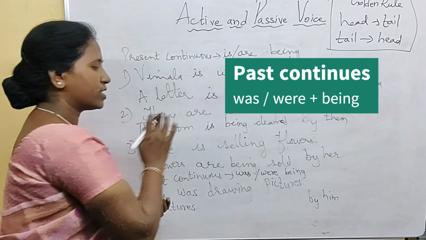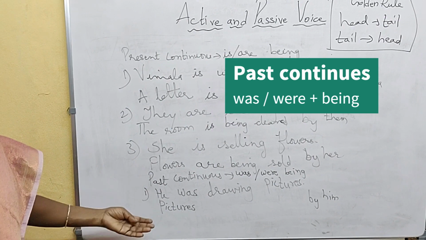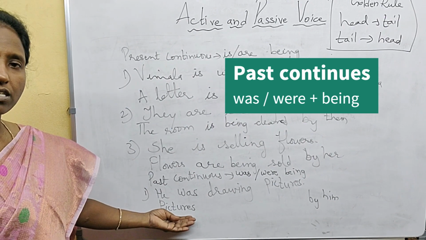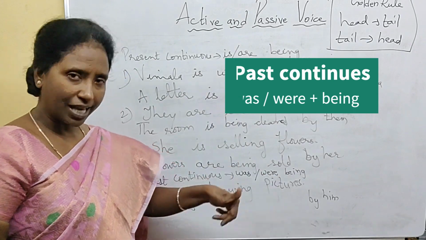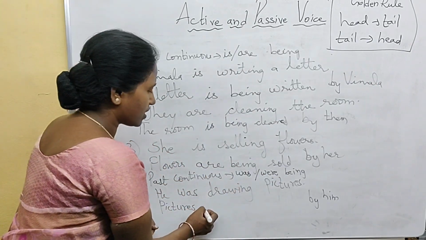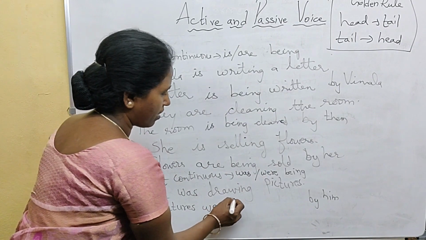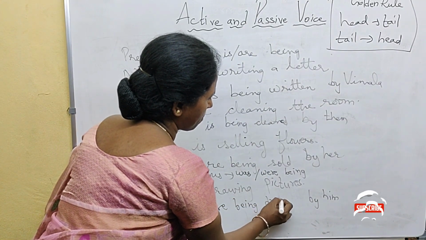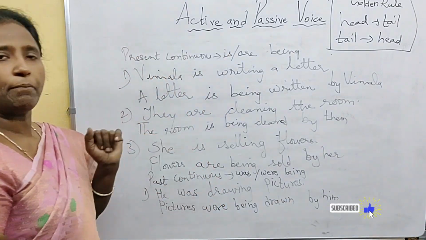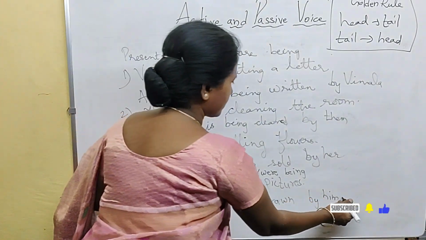It is either was being or were being according to the number. Pictures is plural. So will you take was or were? Yes, were. So pictures were being drawn by him.